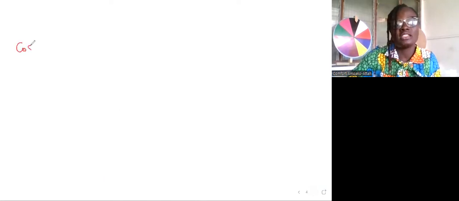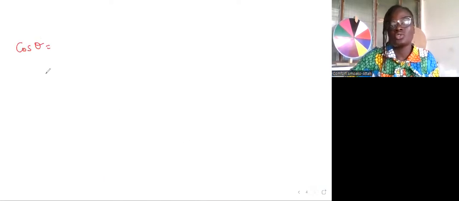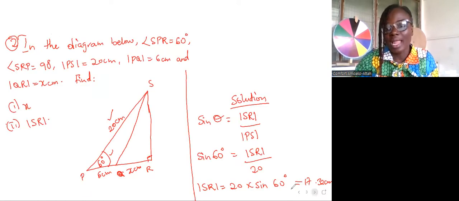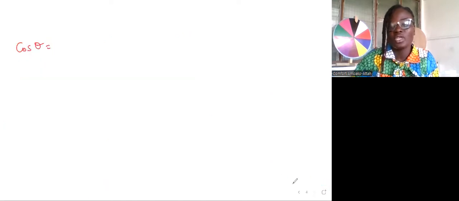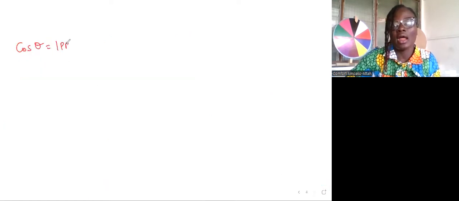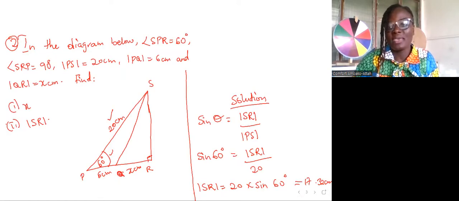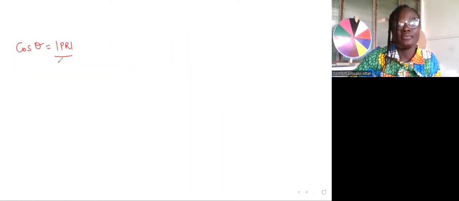So cos theta equals line PR over the hypotenuse, which was line PS. So you have cos theta at 60 degrees.